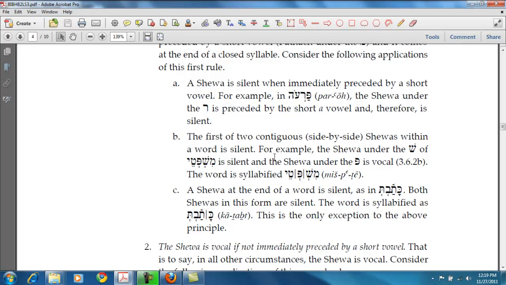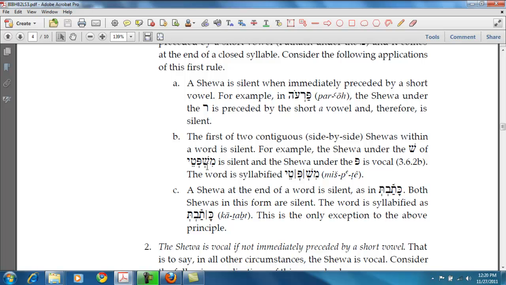Now, rule B is that the first of two side-by-side Shavas within a word is silent. For example, the Shava under the shin of mishpatei: mish, this Shava follows a short vowel, a hirik, so it's going to be silent.